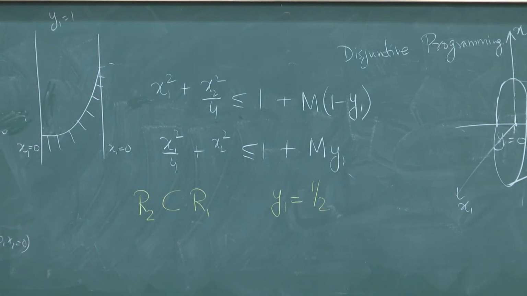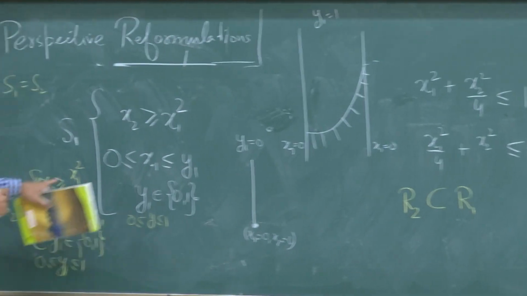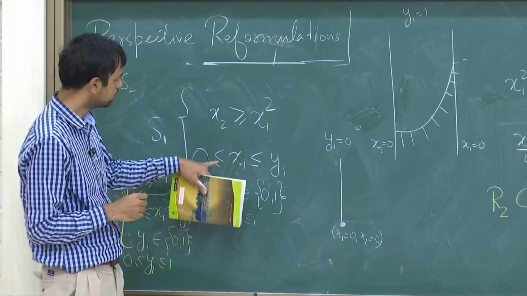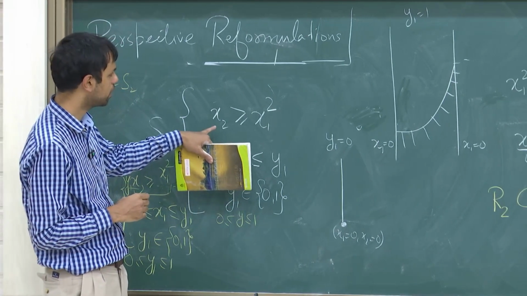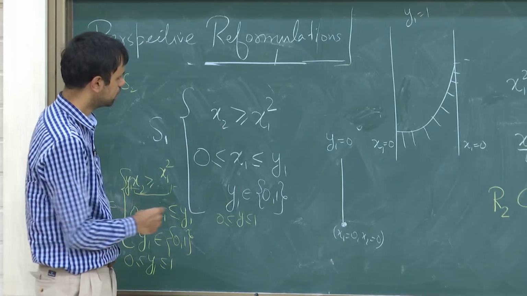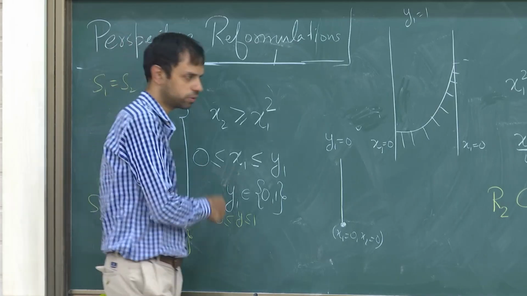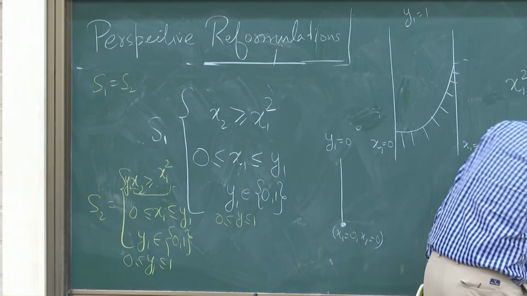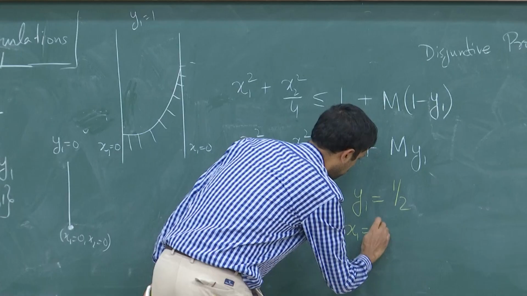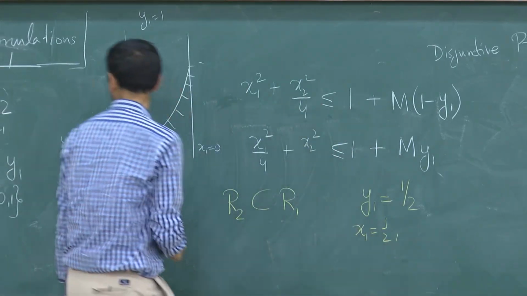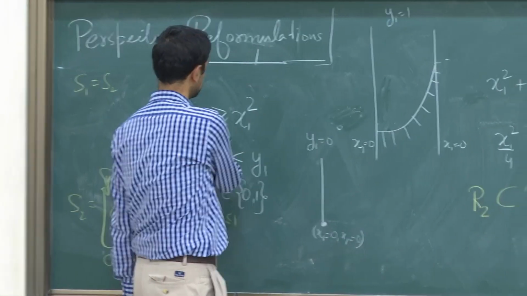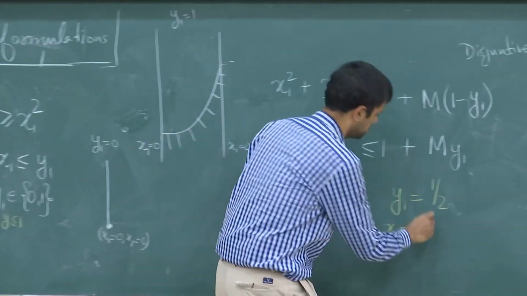What happens at y1 equal to half? I am allowed to take the value of x1 as half. So x1 equal to half and x2 equal to 1 by 4.